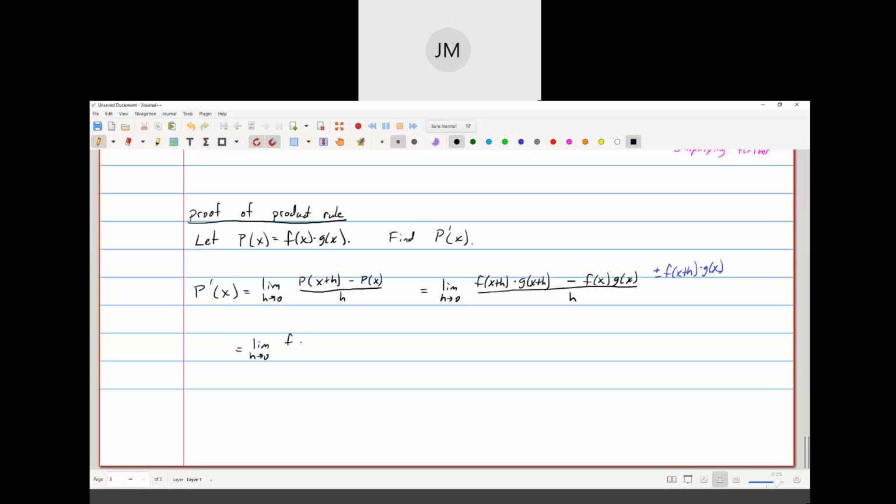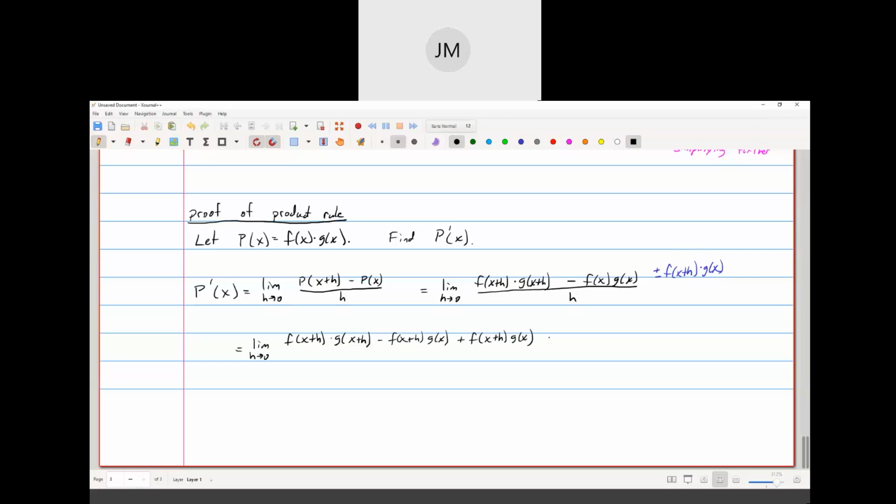Okay, so I'm going to write f of x plus h times g of x plus h. And then I'm going to put in the minus one of these, right? So minus f of x plus h times g of x. Then I'll put in the plus one, plus f of x plus h times g of x.